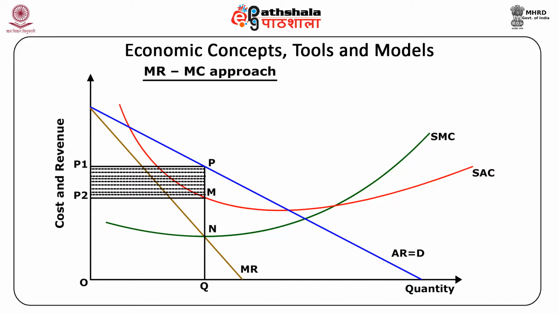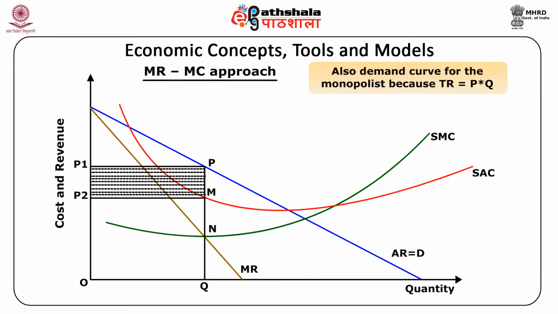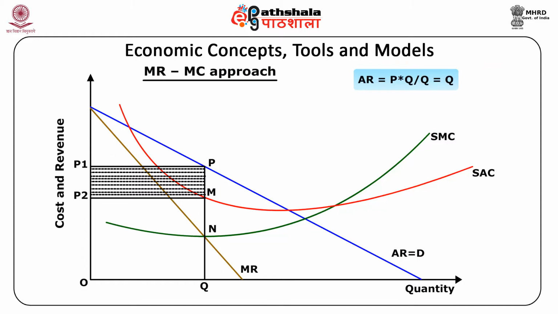The average revenue, that is AR curve of a monopolist, is downward sloping like a demand curve, and it is also the demand curve for the monopolist firm because TR equals P into Q, and AR equals P into Q by Q, which equals P. Hence, AR is the demand curve of the monopolist firm.